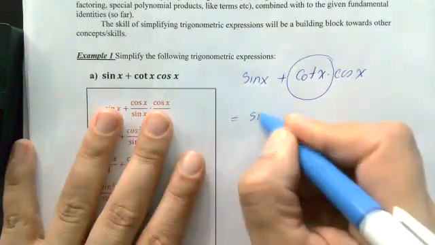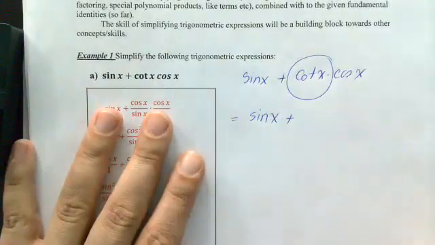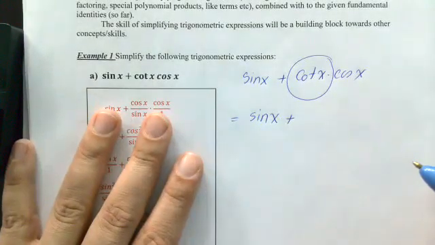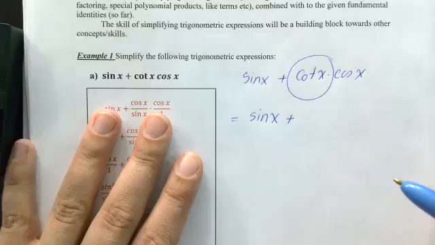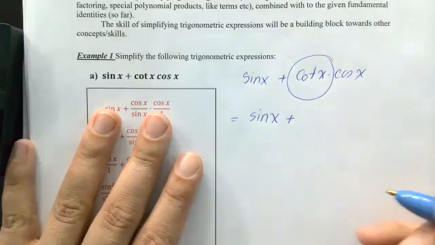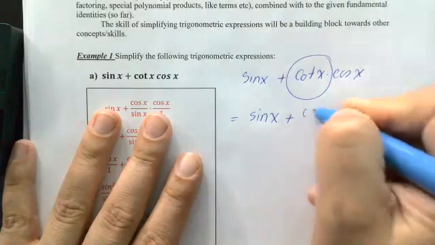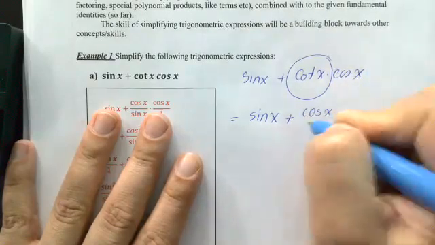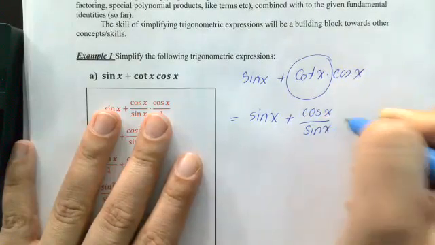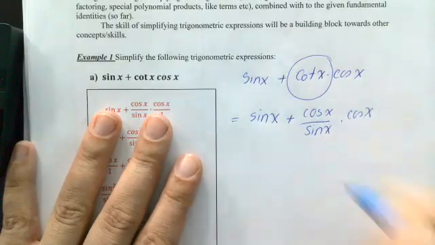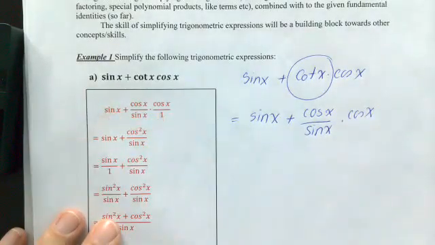So I'm going to keep everything around it the same. When I get to cotangent of x, I'm going to use the quotient identity. So I'm going to use cosine of x over sine of x, times cos of x. So far, so good?